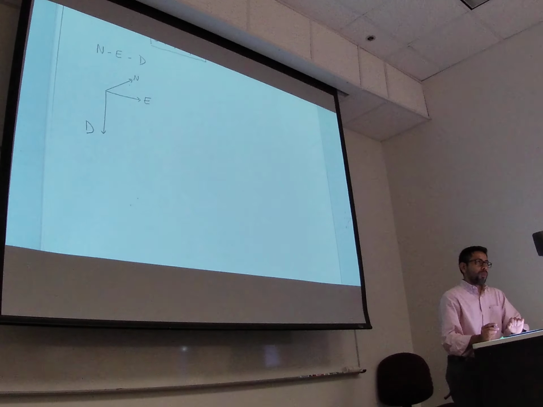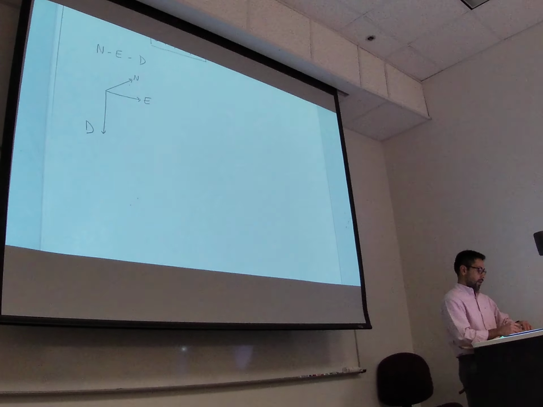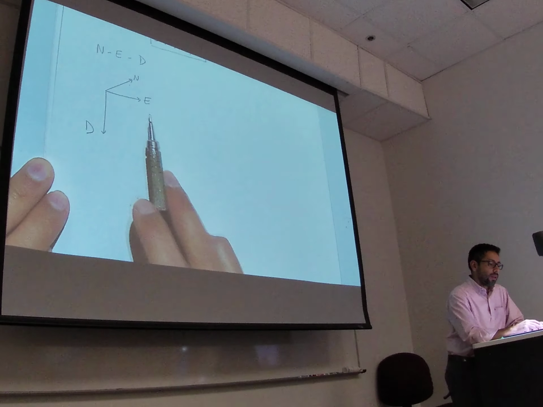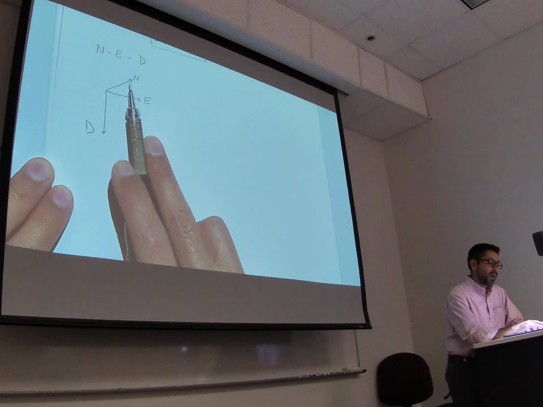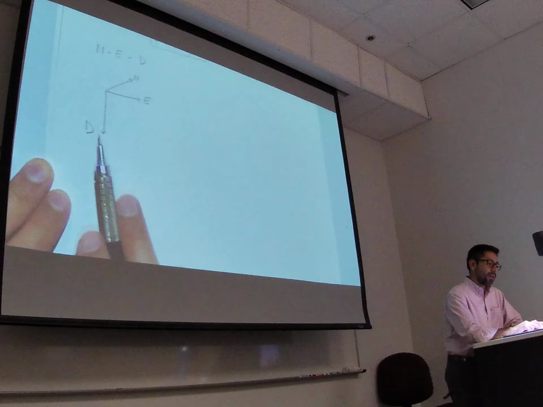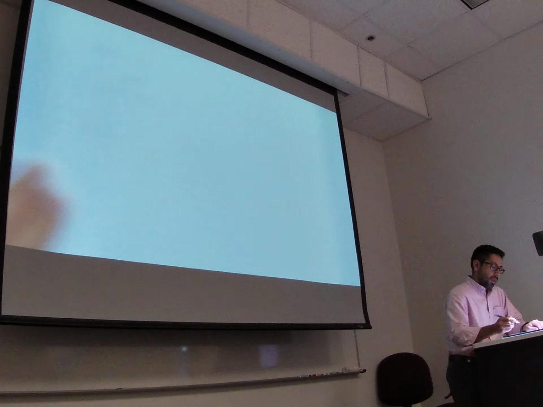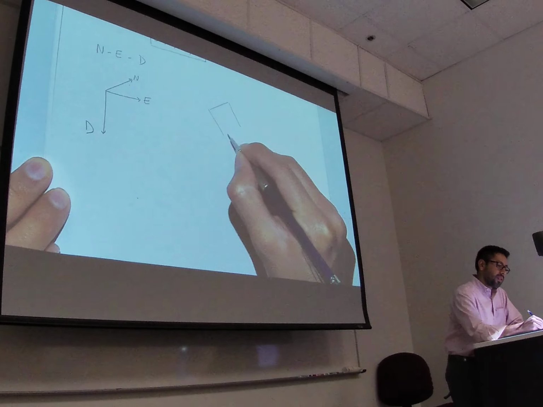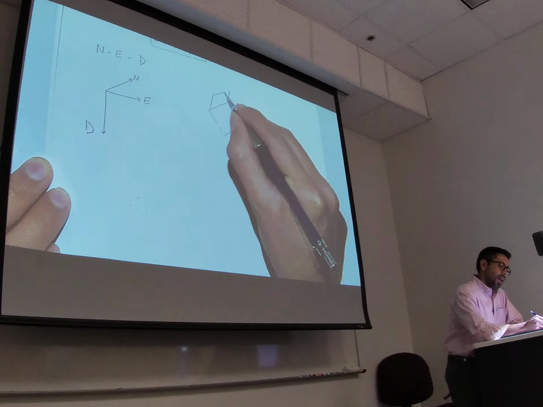All right, so let's go first with the in situ stresses. There is no reason why the in situ stress or the principal stresses might be aligned with the north, the east, or even the vertical direction. In general, I'm going to have principal stresses which are at an angle which is different from these directions.